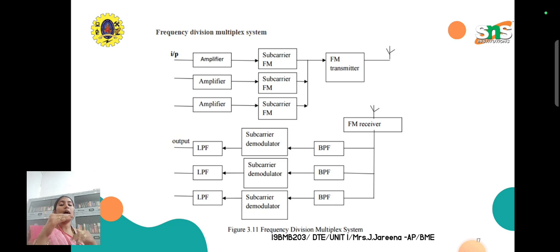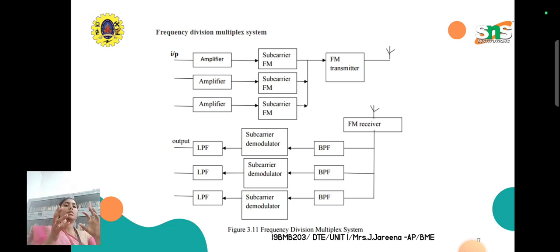But the other important question is what type of mux you are using. If you are dealing with analog signals, then you have to go with frequency division multiplex. Not only frequency division, you also have amplitude and code multiplex systems. If you are dealing with digital signals, then you have to go with time division multiplex system.